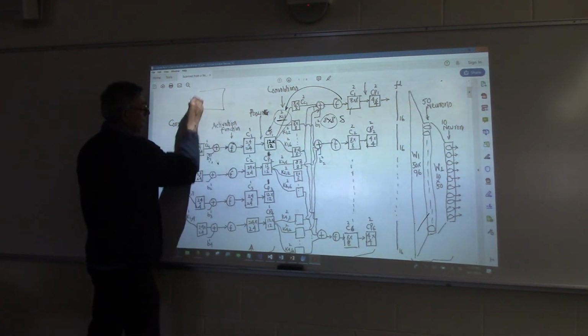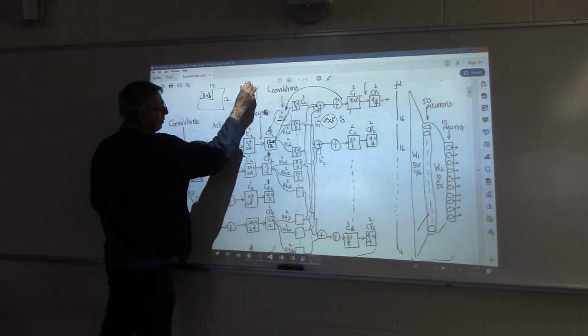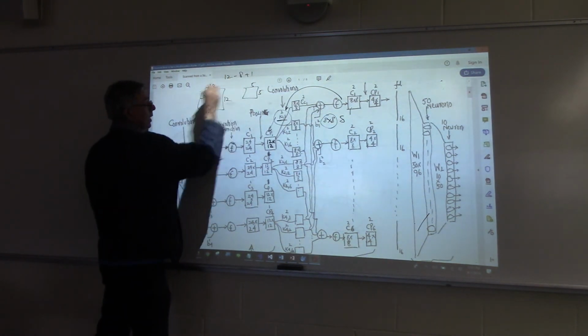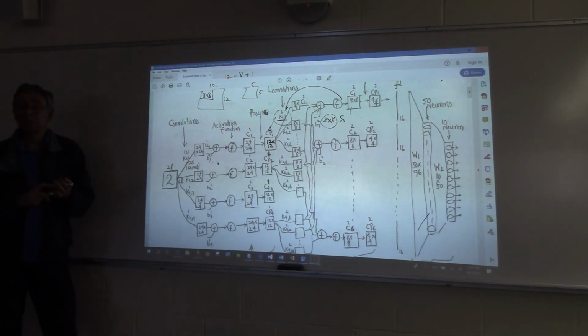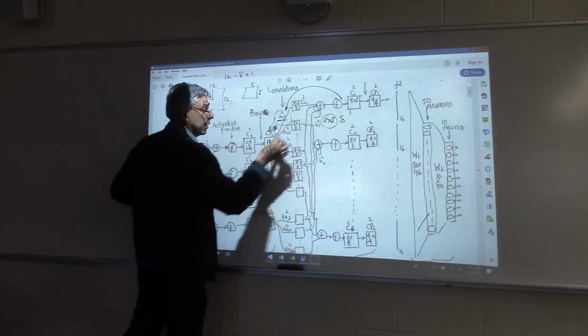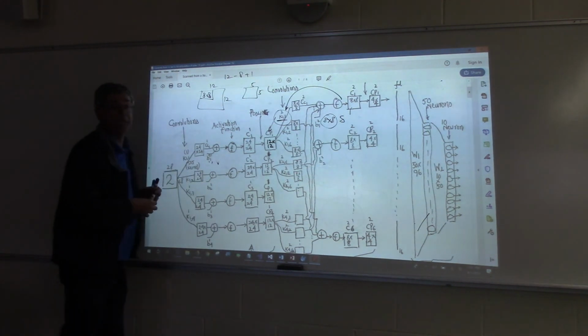So if I have 12 by 12 and I do an 8 by 8 convolution, what will be the answer? It will be 5 by 5, because 12 minus 8 plus 1 is the size, right? Okay, so intuitively it makes sense that if we do an 8 by 8 convolution on a 12 by 12, we'll get a 5 by 5 answer.